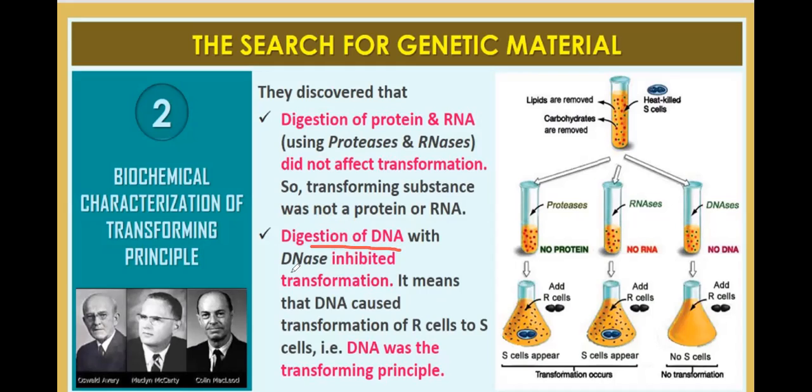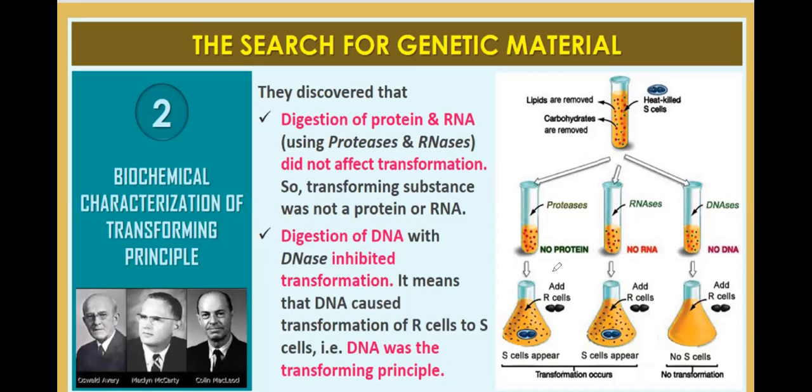Digestion of DNA with DNase inhibited transformation. It means that DNA caused transformation of R cells to S cells. So therefore DNA was the transforming principle. With this, they proved that the transforming principle was DNA, neither protein nor RNA.